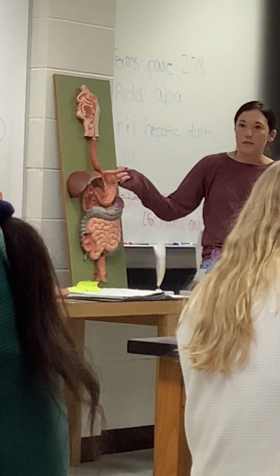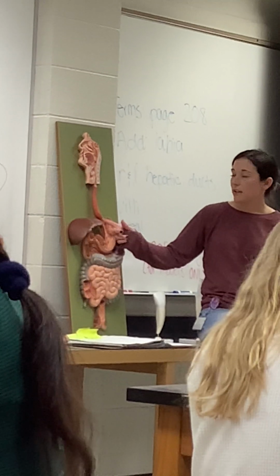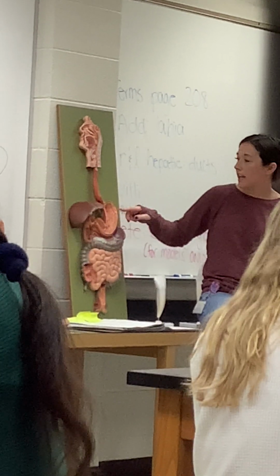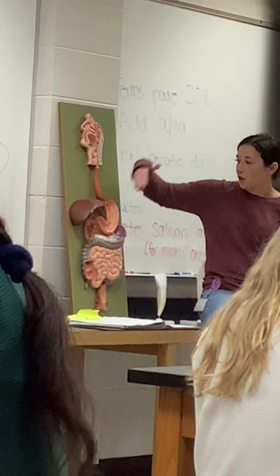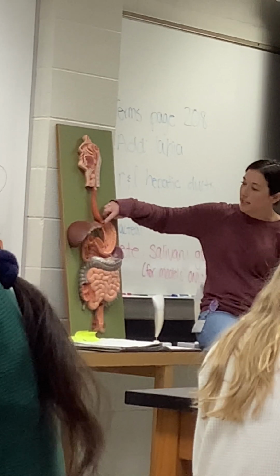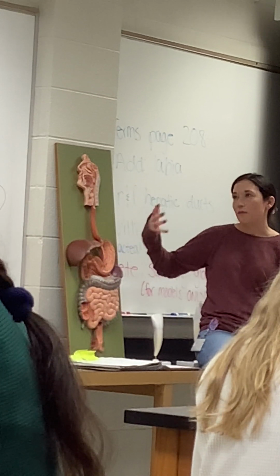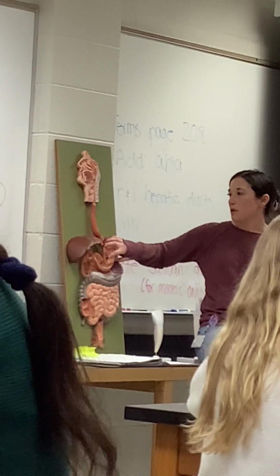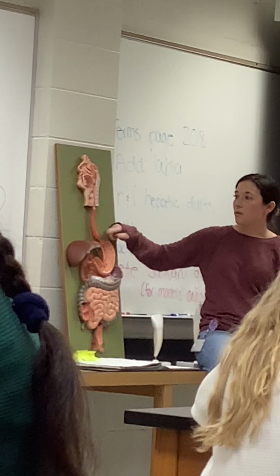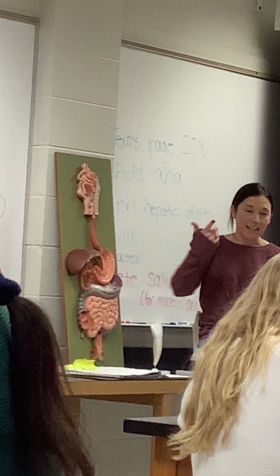Now this sphincter is physiologically relevant because occasionally things can go wrong. It should be closed off most of the time unless you actively have food pushing through it, but sometimes that doesn't happen and substances, not really food, it's usually just the fluid from your stomach, move back up into the esophagus. Does anyone know what that causes? Acid reflux, yeah.